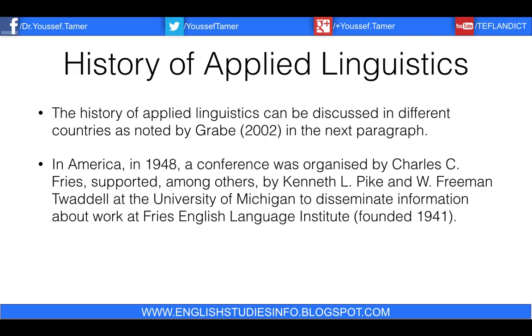Now, these people in the United States of America, in 1948, organized a conference. It was all about discussing these language issues, real-world problems that have a relationship with language.